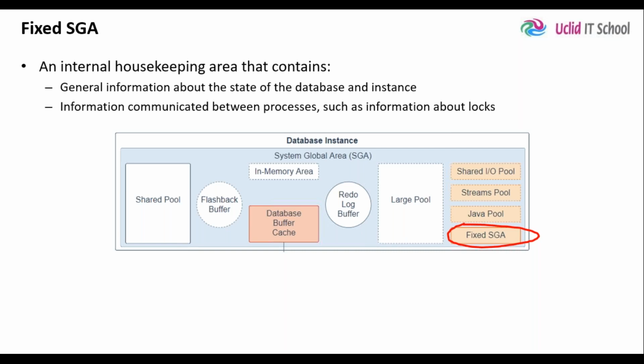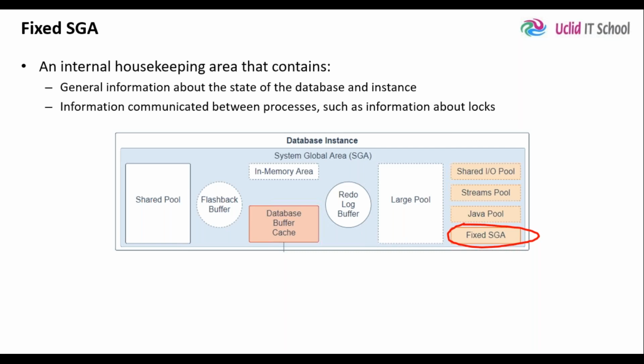Similarly, large pool is used for large memory allocations. In-memory area, which was introduced in 12c, stores data in column format to optimize data warehouse performance. You know, in analytical applications or warehouse applications, column format is better than row format.